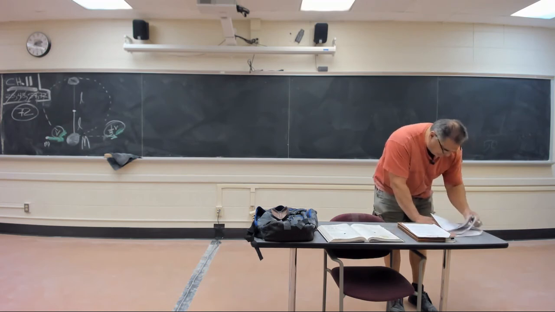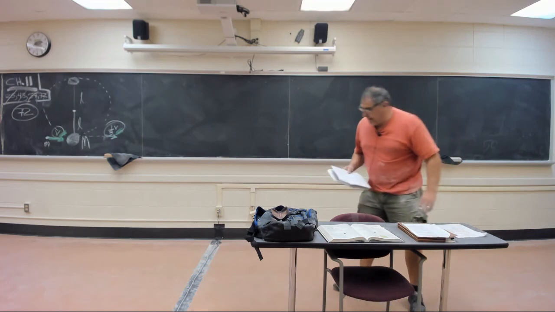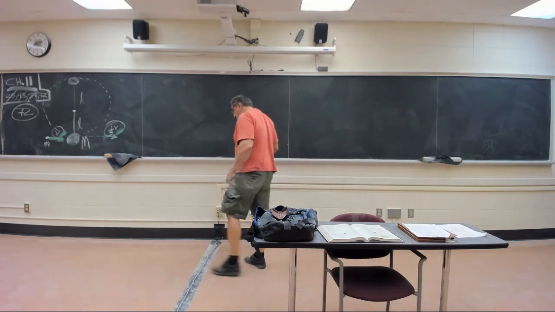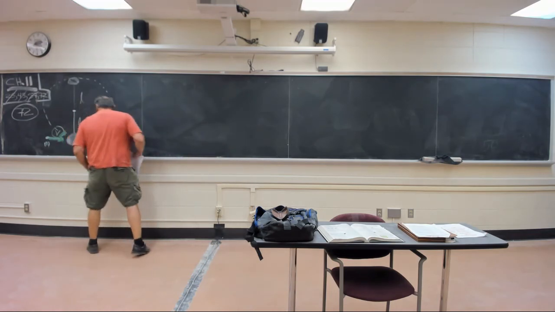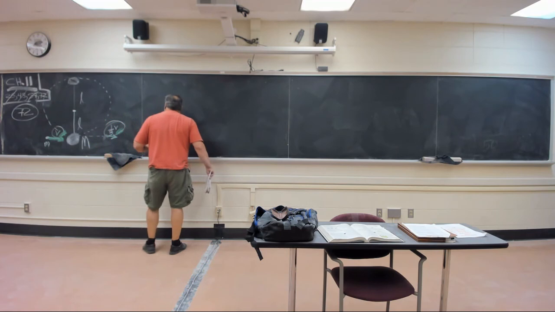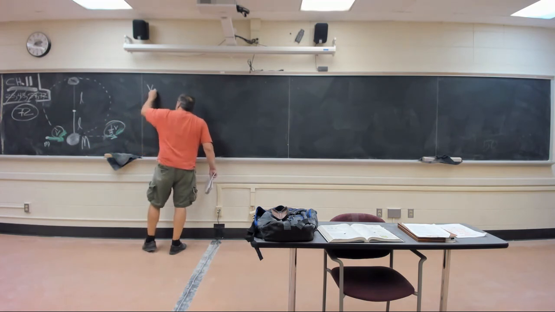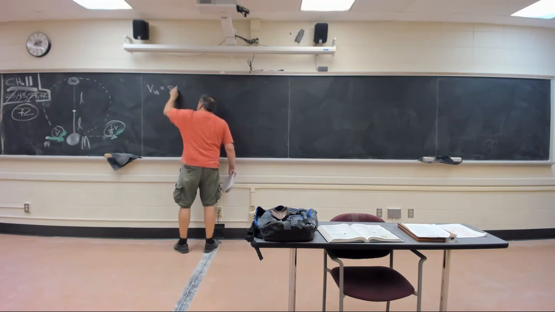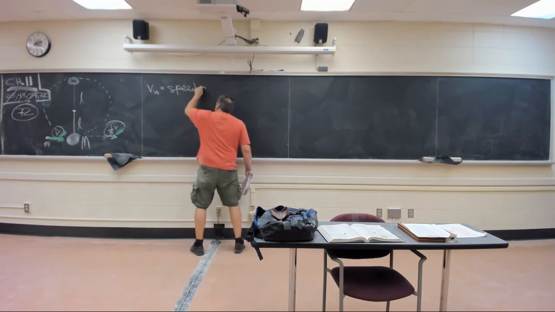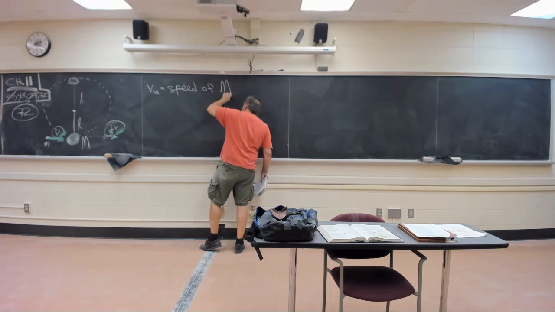So, well, I'll tell you what. We're kind of missing one thing here. This guy does have to acquire a speed. We'll call that the speed of the wooden bob. V sub W equals speed of the large M, of the wooden bob.